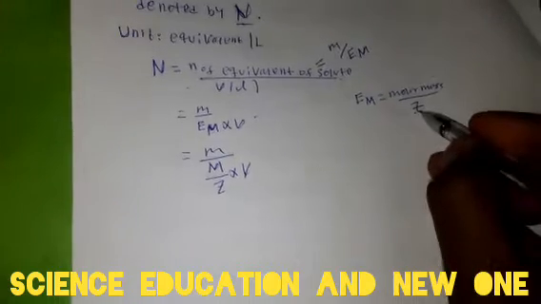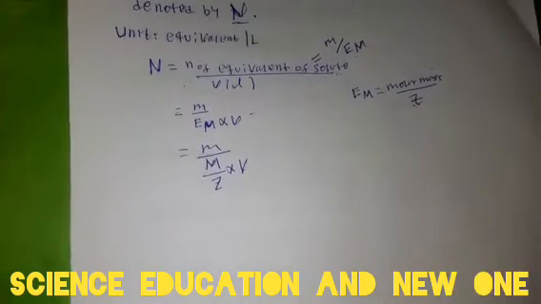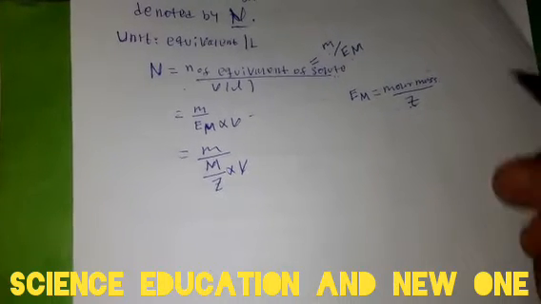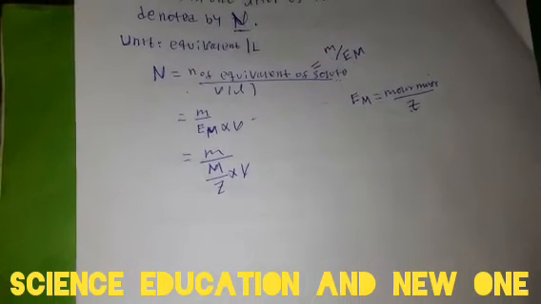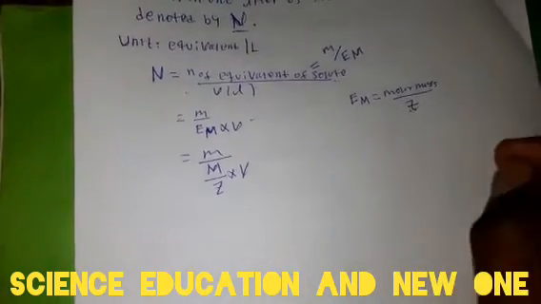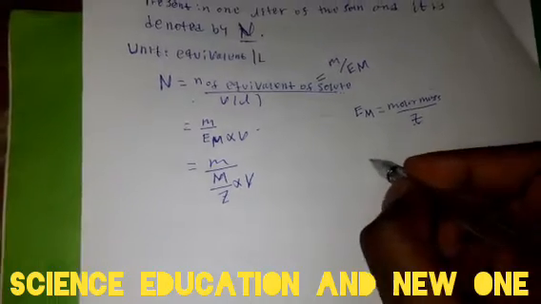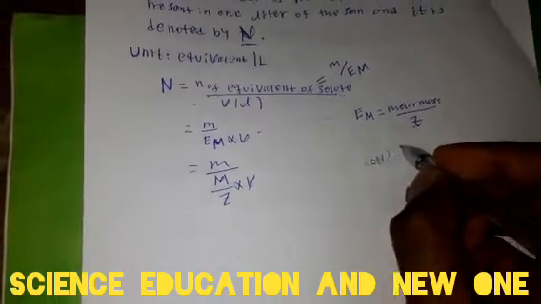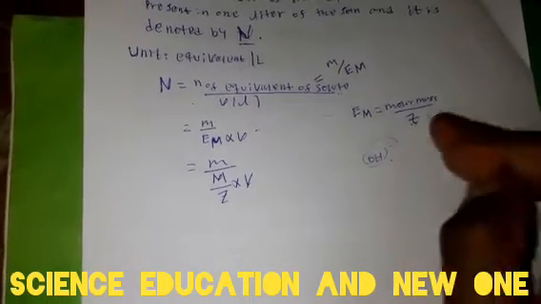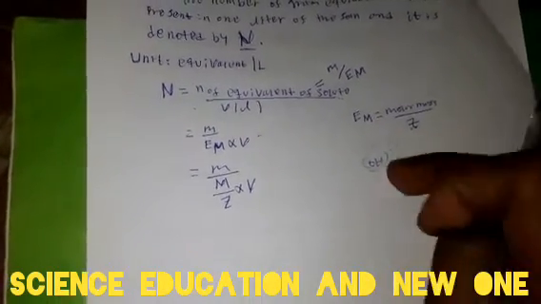Z for acid is the number of hydrogen ions released by one formula unit of the acid. For the base, Z is the number of hydroxide ions released by the given base.